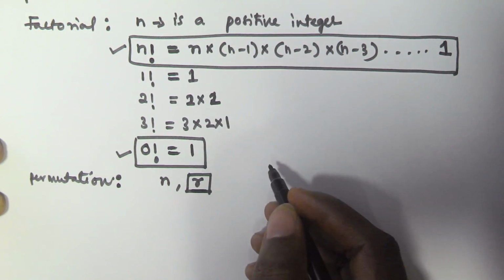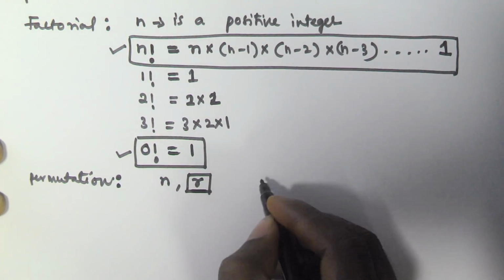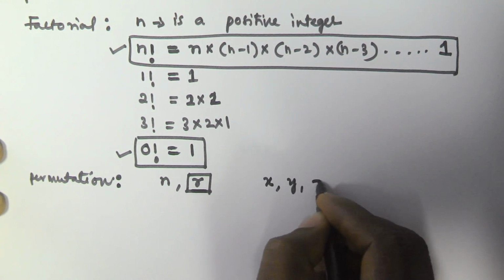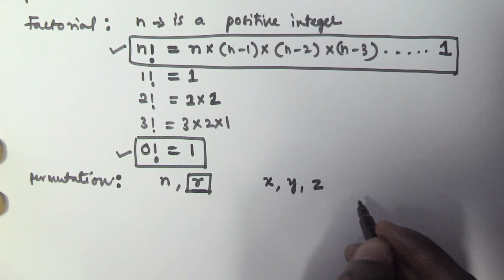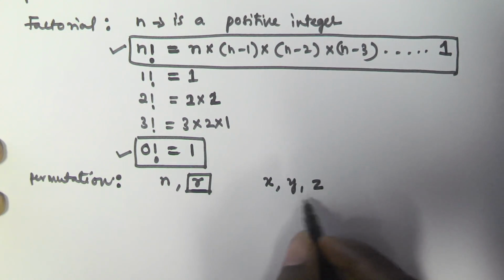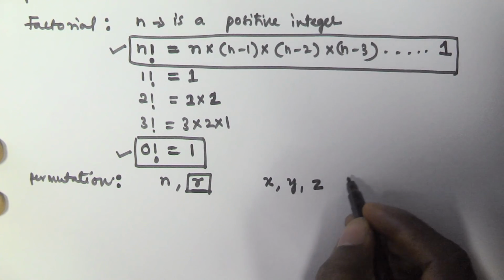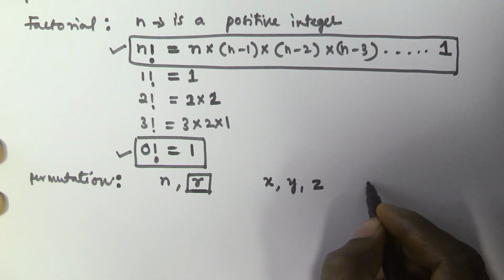Let us consider three variables x, y and z. Out of these three, we take two at a time and arrange them.